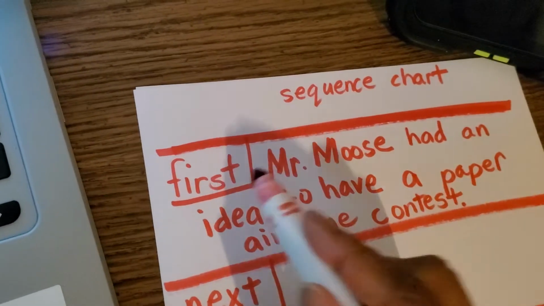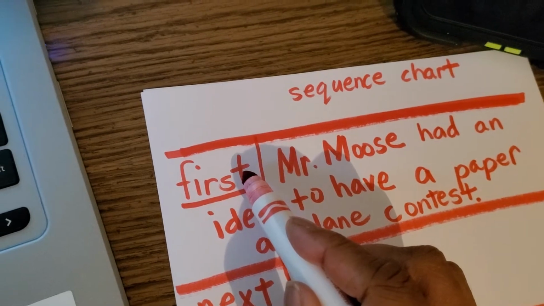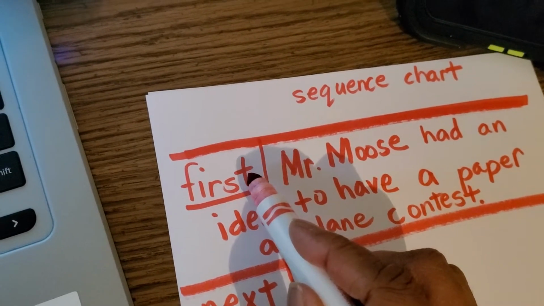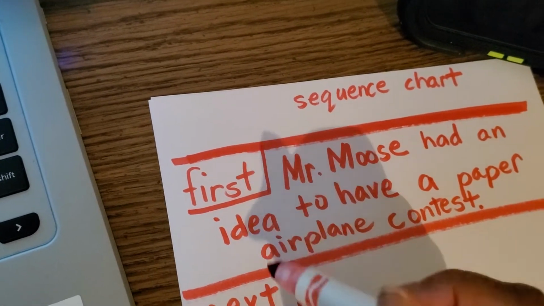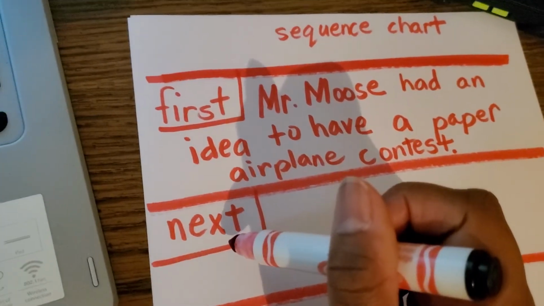So this is what happened first in the story. First, you always go back to the passage. So we got to figure out what happened next.